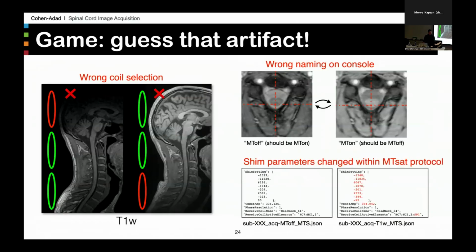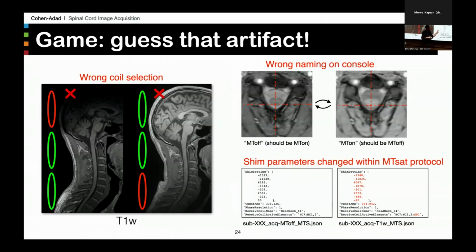And a bit more sneaky as well is when shim parameters change within a quantitative MRI protocol. When you acquire multi-echo T2 or like empty sats, where you have to acquire multiple volumes, you need to acquire them with the same parameters, or like you should be changing only one parameter, one TR or one flip angle.